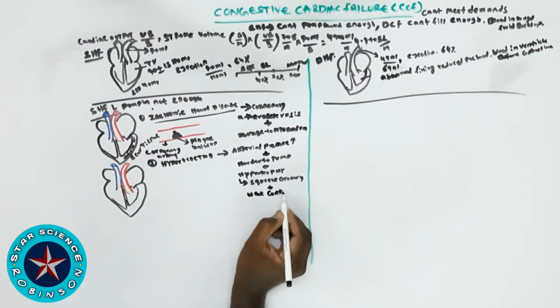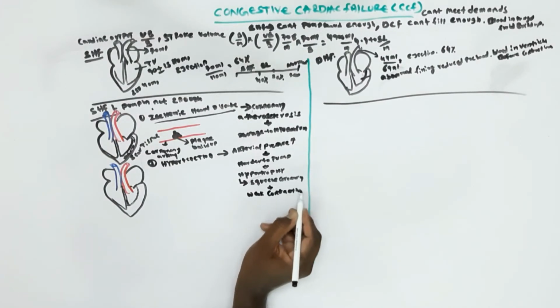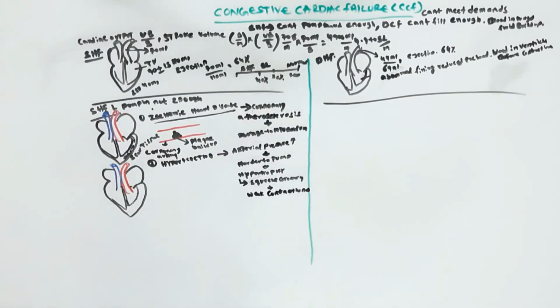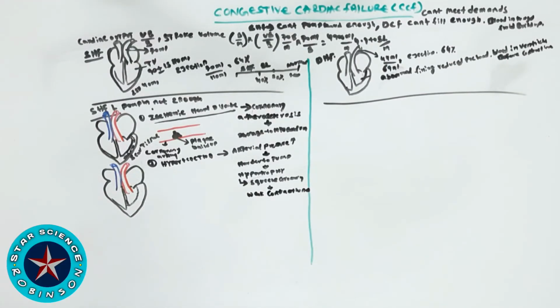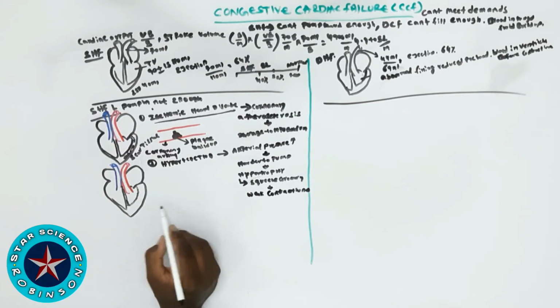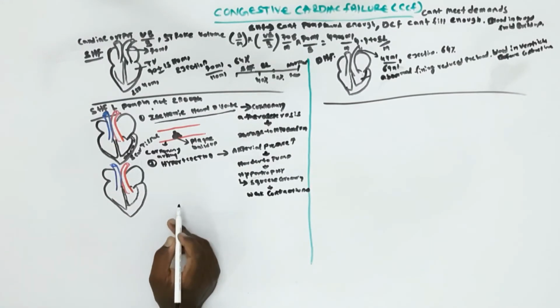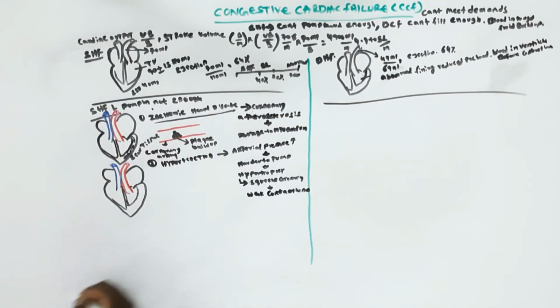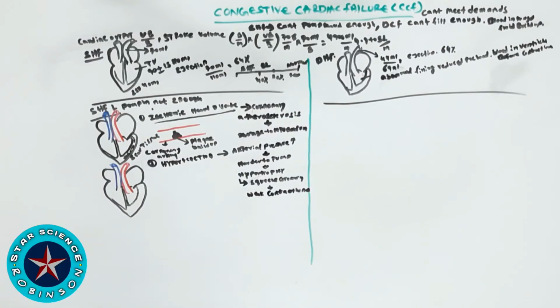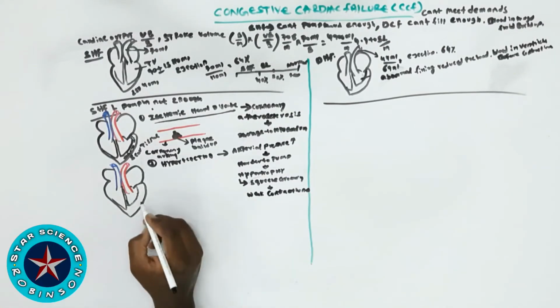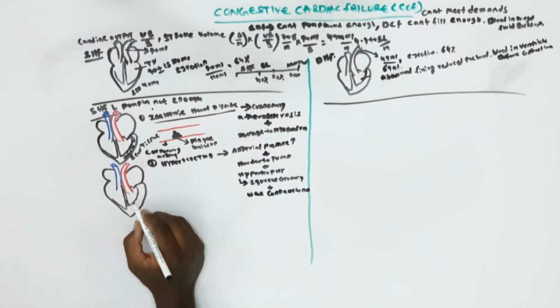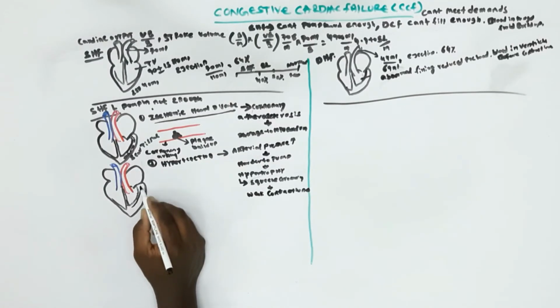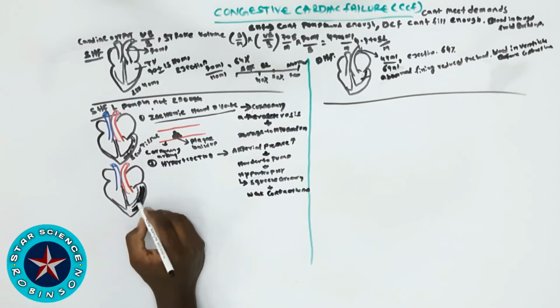Next we'll go with the third one. So we'll go with the diagram, and I will explain what will happen here. Now in the third one, it is dilated cardiomyopathy. First of all, we have to know what dilated cardiomyopathy is. Dilated cardiomyopathy is when the heart muscles become weakened, and after weakening they become enlarged.